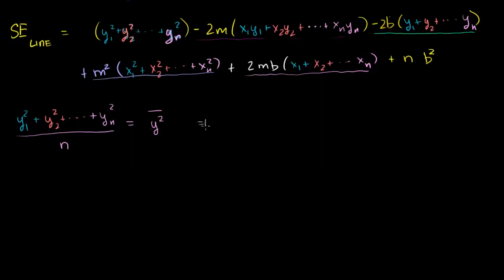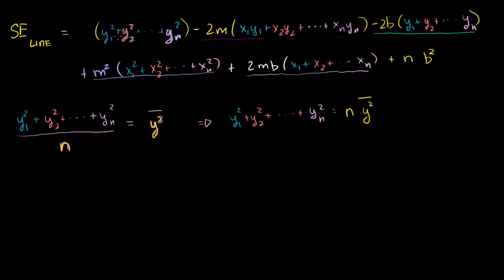Or if you multiply both sides of this equation by n, you get y1 squared plus y2 squared plus all the way to yn squared is equal to n times the mean of the squared values of y.